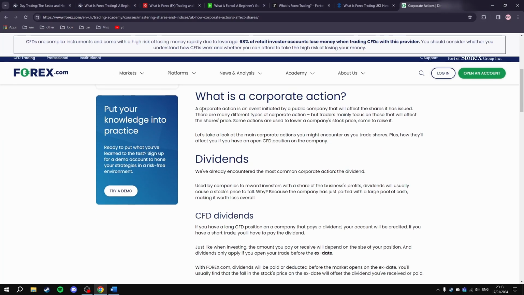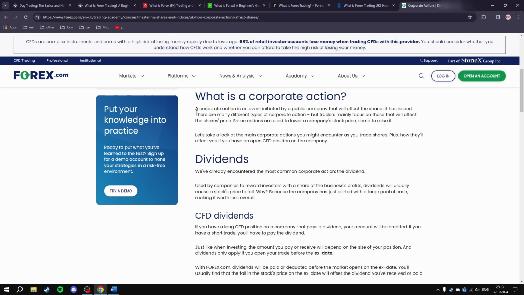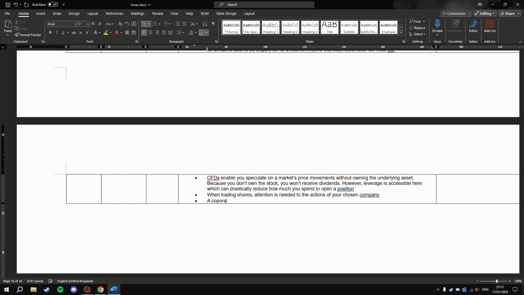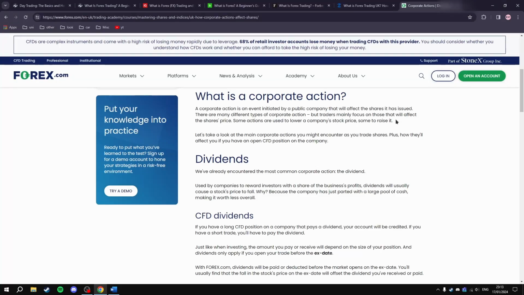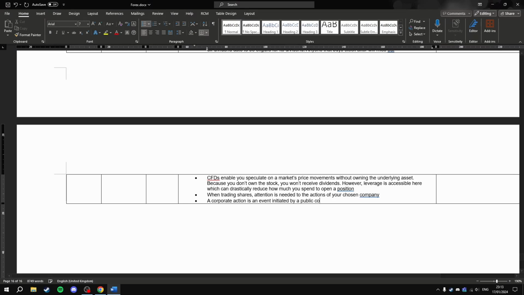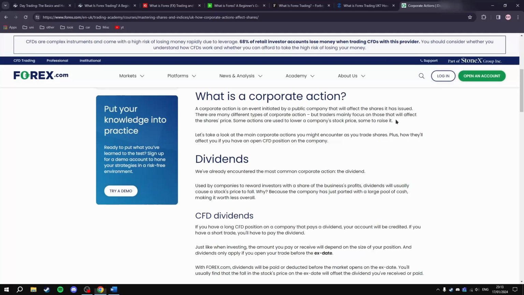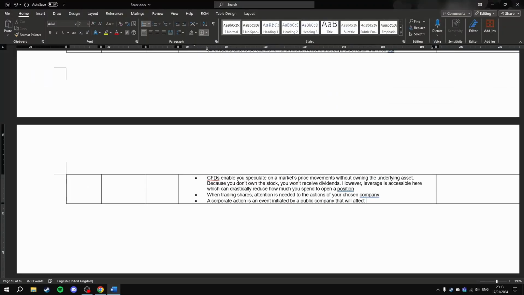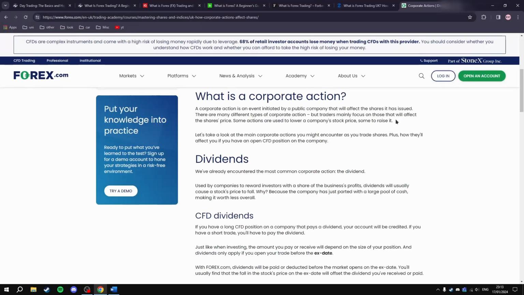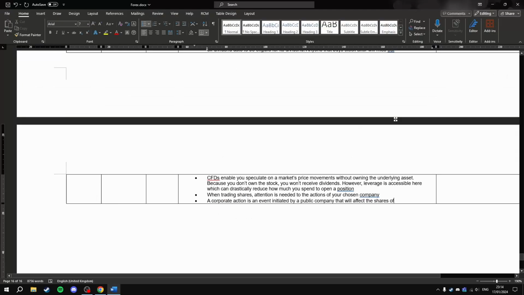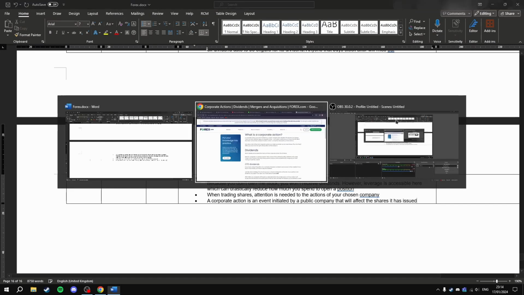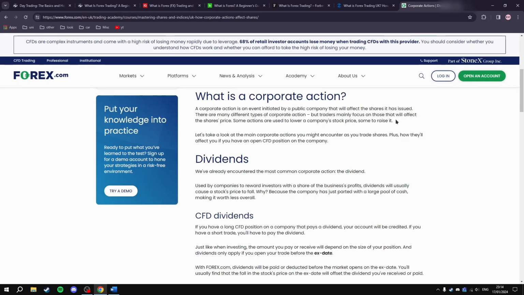What is a corporate action? A corporate action is an event initiated by a public company that would affect the shares it has issued. There are many different types of corporate action, but traders mainly focus on those that will affect the share price.